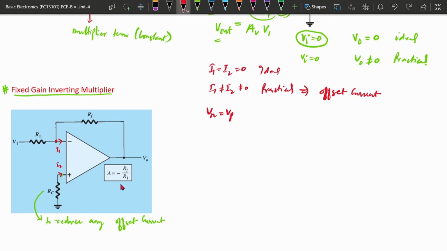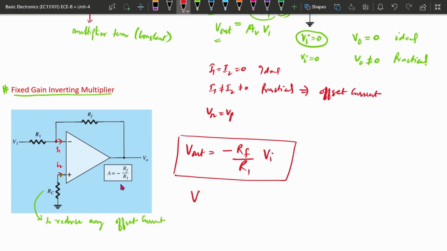In this case, the output we get is in a similar way. It is an inverting case, so whatever input we apply will be an inverted output. Similar to before, it will be Rf by R1 multiplied by the V input. That output replicates a constant multiplied by the input voltage, and this constant is equal to minus Rf by R1.